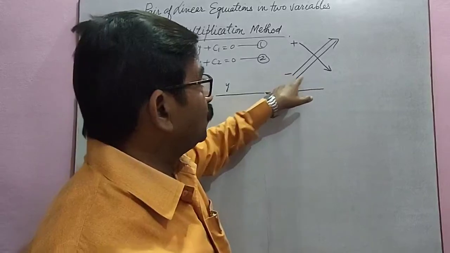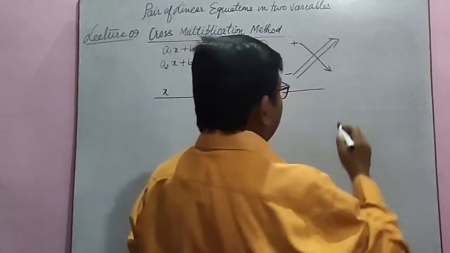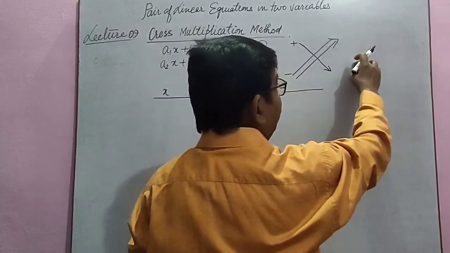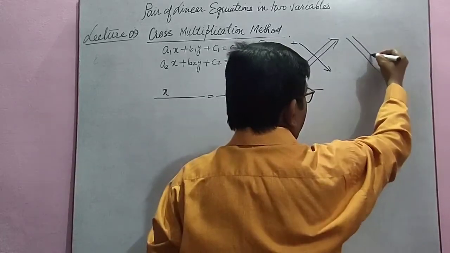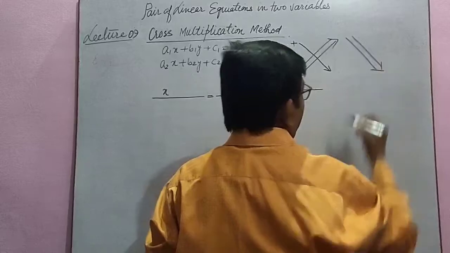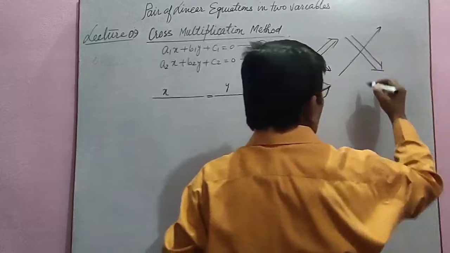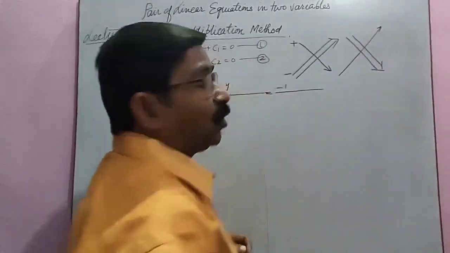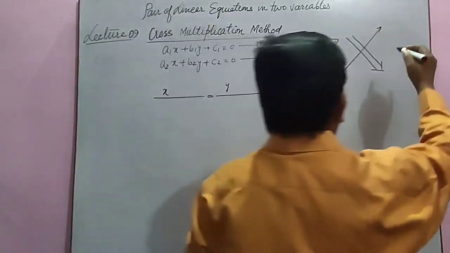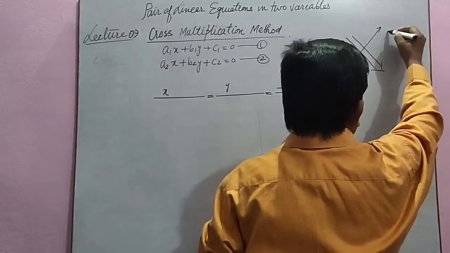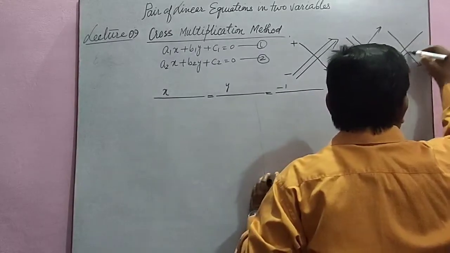This bottom to top is negative. This is for x. And in the second term, in the middle, we have to multiply in the opposite direction. First we multiply from bottom to top, and the second one is top to bottom. This is the opposite of that. And again in the same way for the last term, first you multiply top to bottom and then bottom to top.